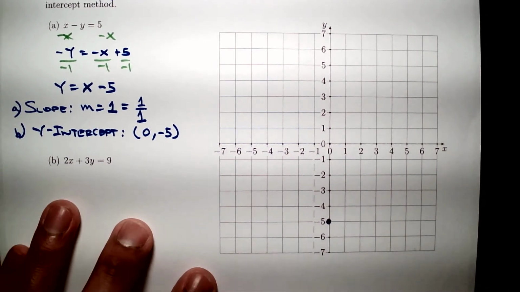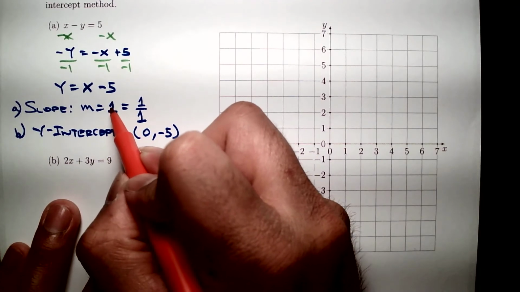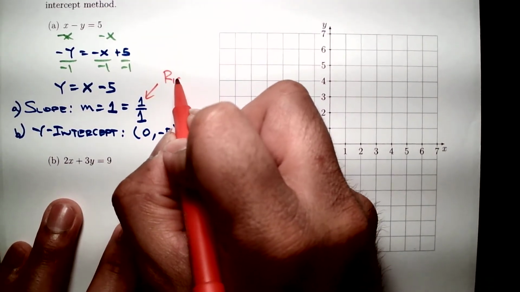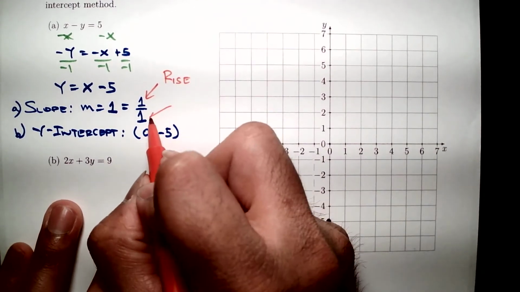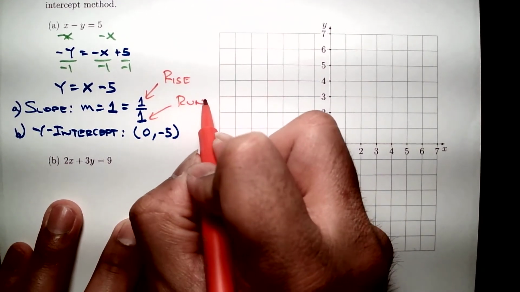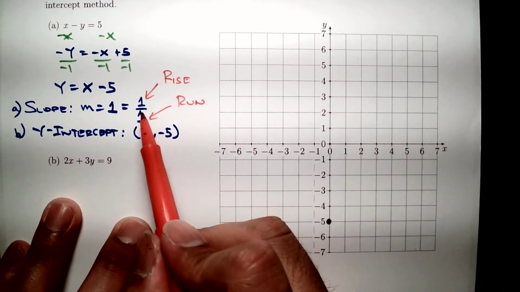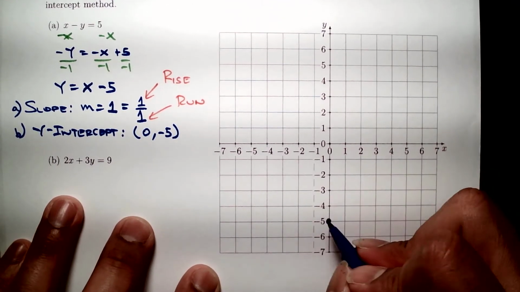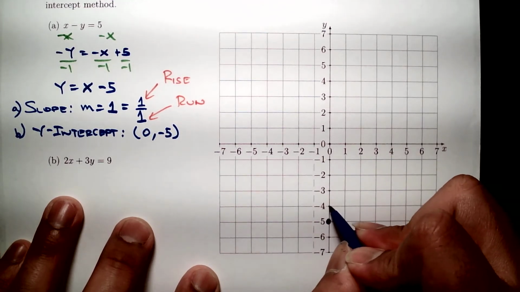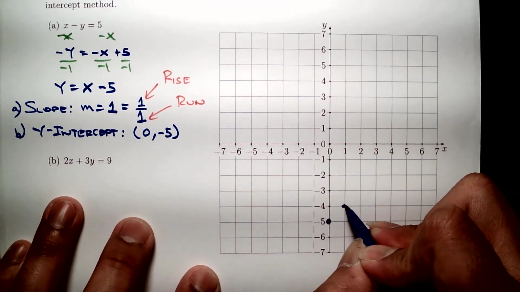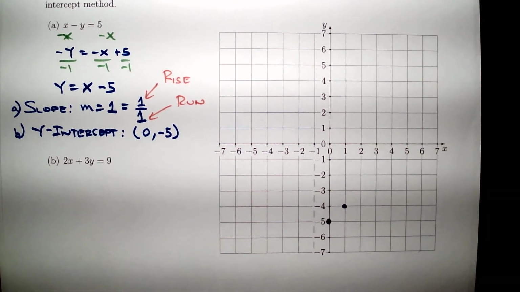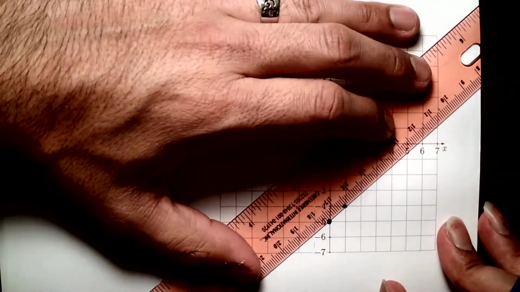The reason I wrote 1 as 1 over 1 is because this is the rise and this is the run. We use these two numbers to find a second point: rise 1 unit, run 1 unit, and that's all we need to graph the equation of the line.